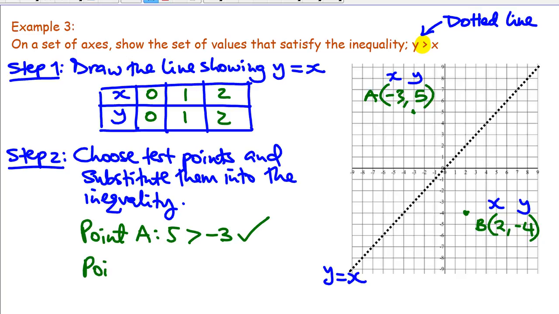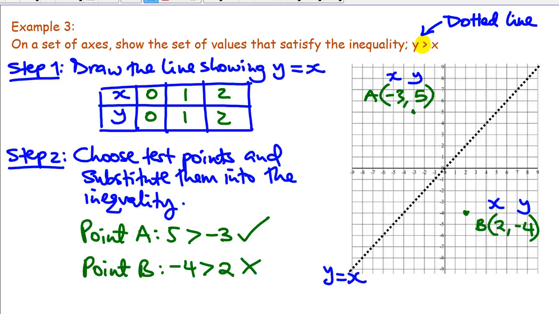And for point B, I have negative 4 is greater than 2. So negative 4 is greater than 2. Well, no way, because negative 4 is actually smaller than 2.